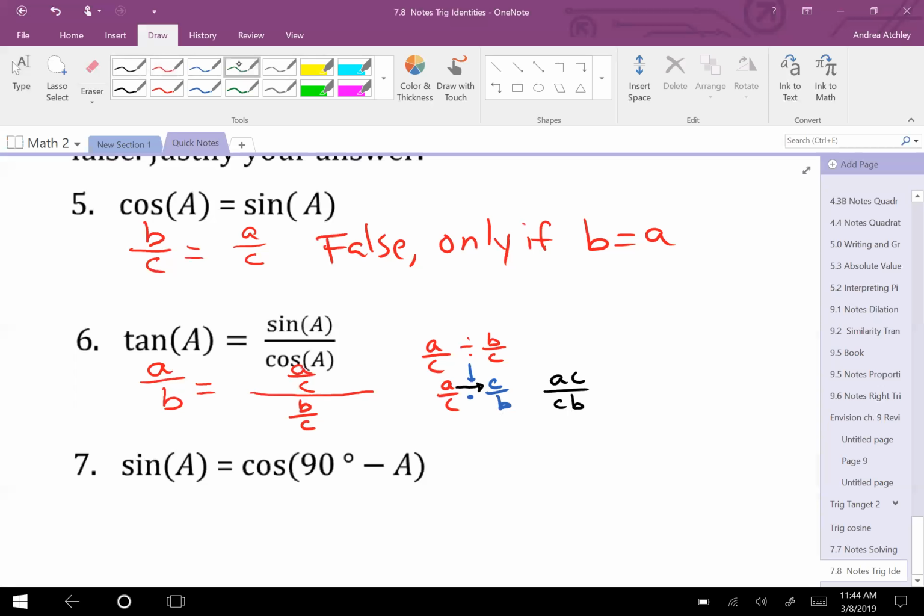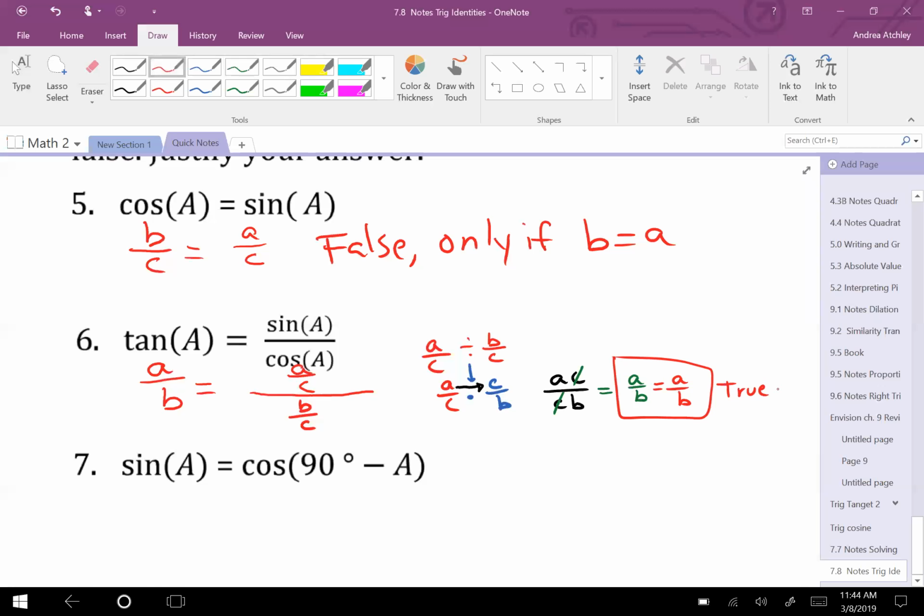Can I reduce? Can C go into C? Yeah, C can go into C one time, right? And I get left with A over B. So does this A over B equal this A over B? Yes. So this is true. And since we just used those variables, this is always true.